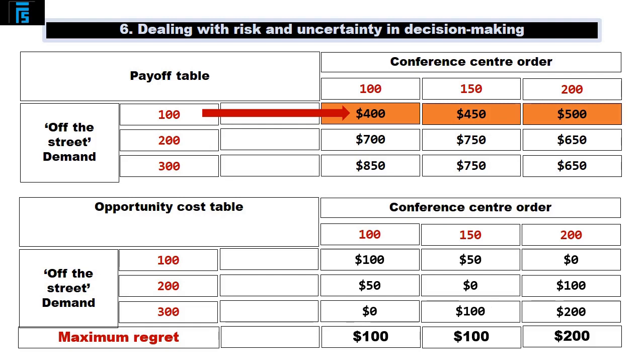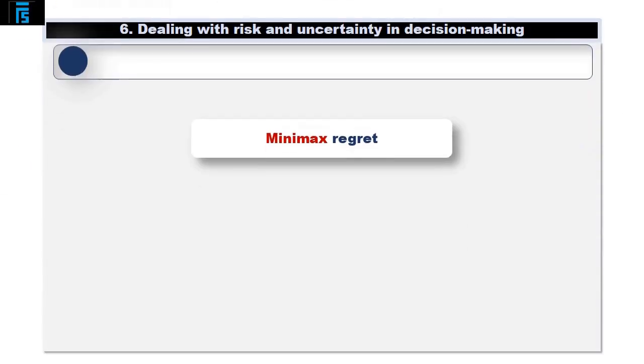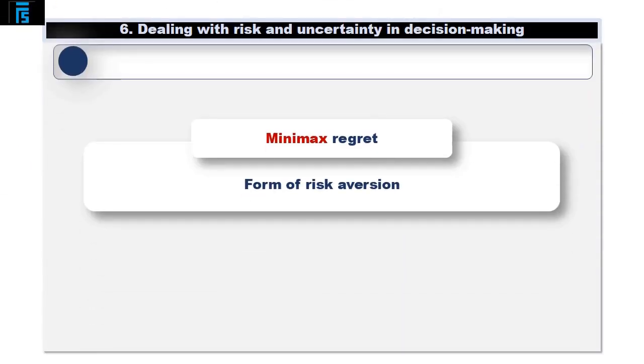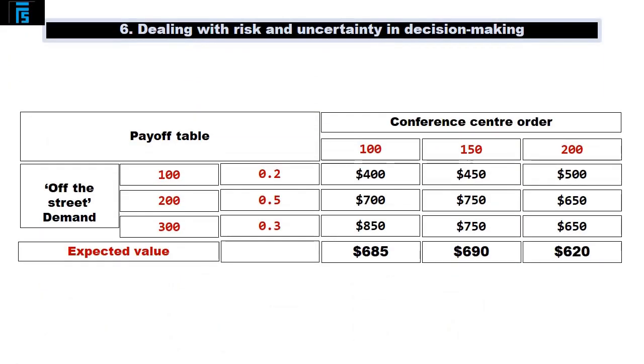So, Jack's maximum possible regret is minimised by choosing to supply either 100 or 150 sandwiches to the conference centre, as each choice has a maximum regret or opportunity cost associated with it of $100. This approach is known as minimax regret and is a form of risk aversion.